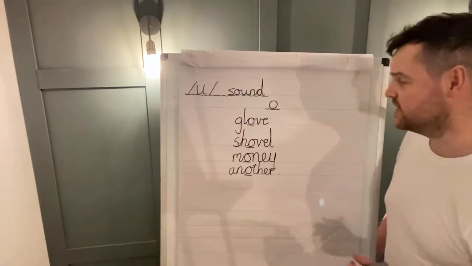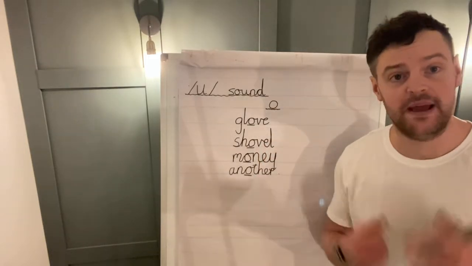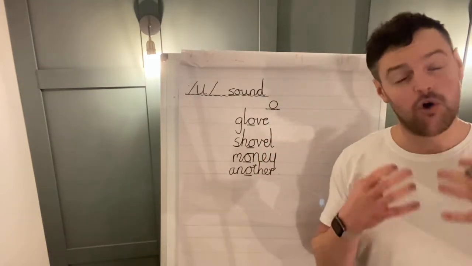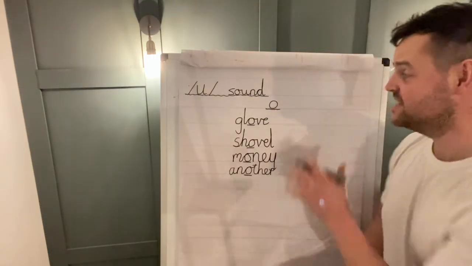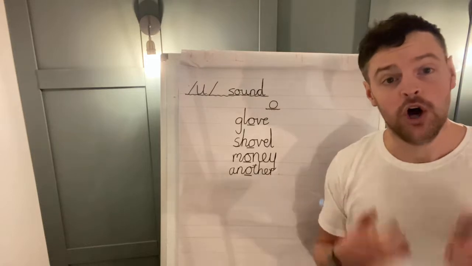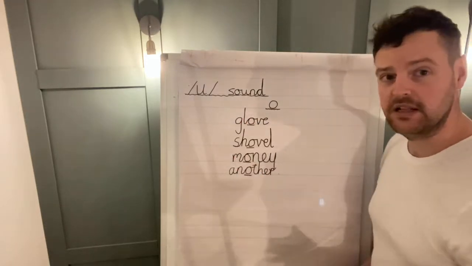So you may have noticed that once again, all of these sounds come in the middle of the words. Now this isn't always the case, but is generally the rule. One of the most obvious ones where this isn't the case is the word other, but generally, once again, the sound comes in the middle of the words.